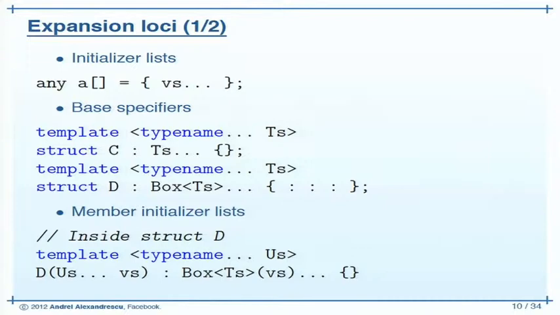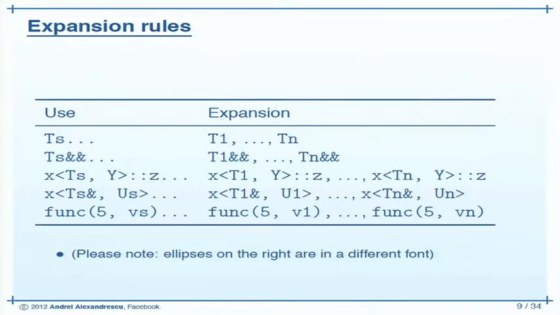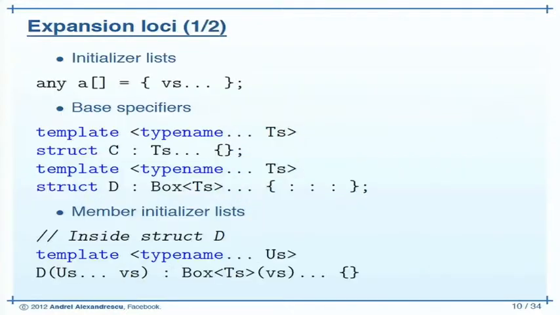Then we have template of type name dot, dot, dot, T's, struct D, you can actually say box of T's. Maybe you want to have some integers here, some primitive types that you cannot inherit, so you box them. So I'm going to inherit box T's dot, dot, dot. And per the expansion rules that we just discussed, this is going to expand nicely as expected, right?